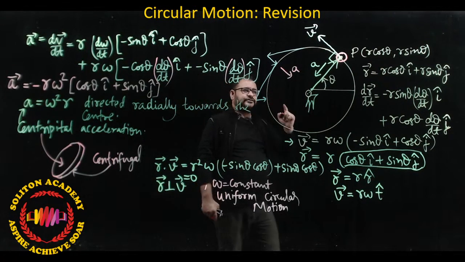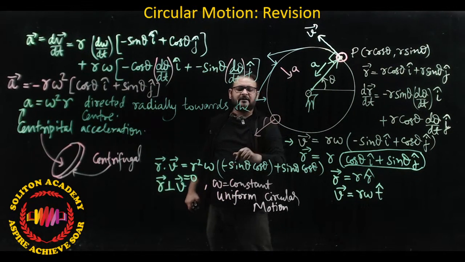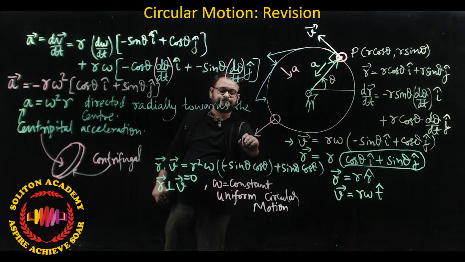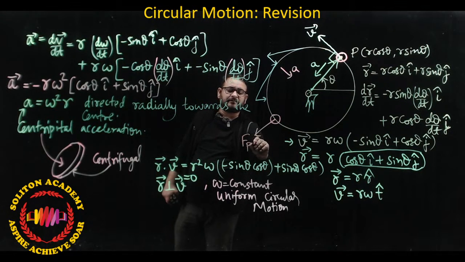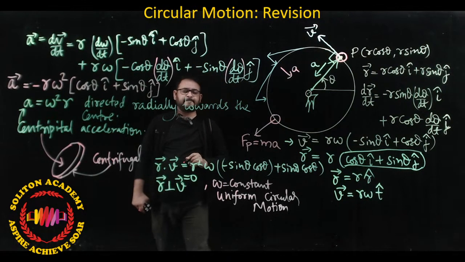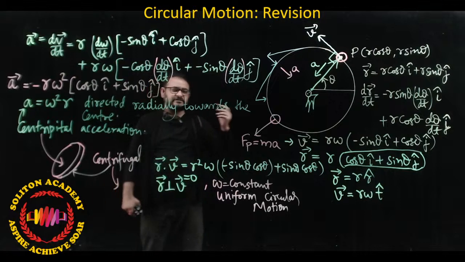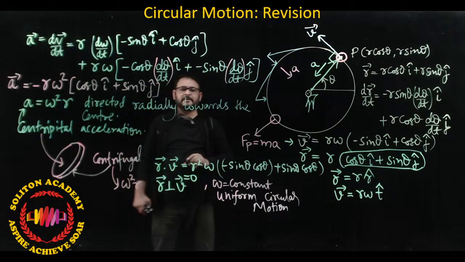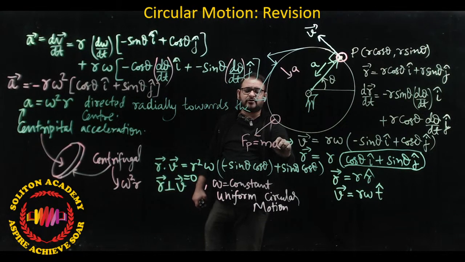But if it was you, suppose you are here, you will feel a pseudo force, and this pseudo force is nothing but mass times the centripetal acceleration, right? So we define centrifugal acceleration also as omega square r, and it's just that the direction of this acceleration is outward.